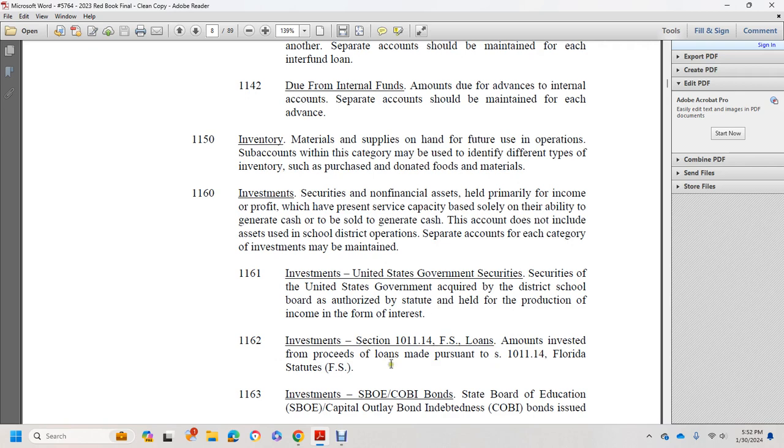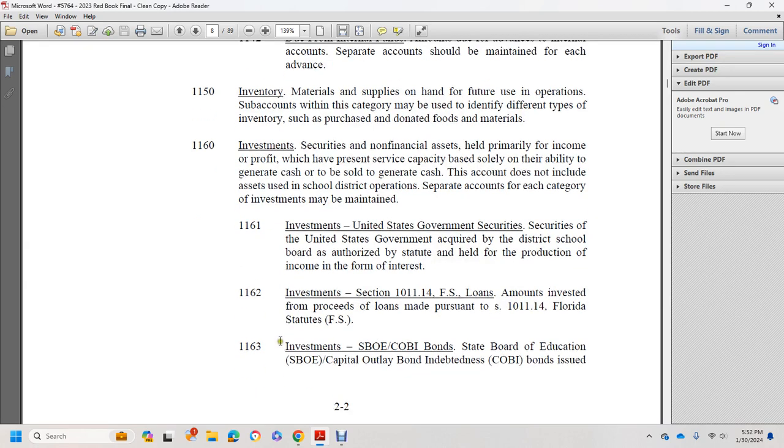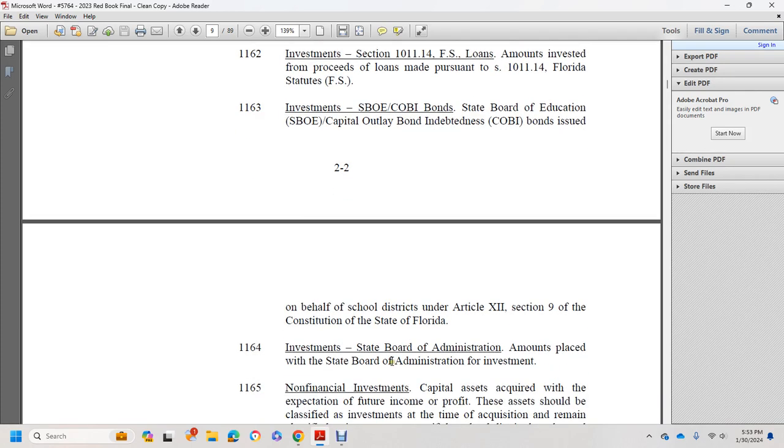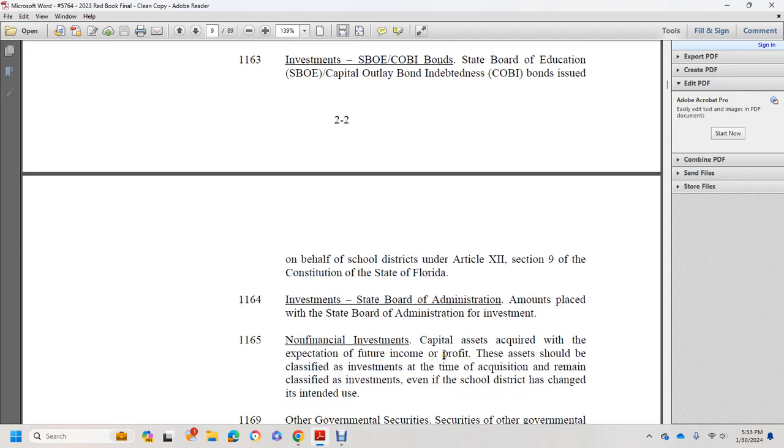Amounts invested with the proceeds made pursuant to sections 1011.13 and 1011.14, Florida Statutes. 1163, Investment, State Board of Education and Capital Outlay Bond Indebtedness. Bonds issued on behalf of the school district under Article 12, Section 9 of the Constitution of the State of Florida. 1164, Investment, State Board of Administration. Amounts placed in the State Board of Administration for investment.